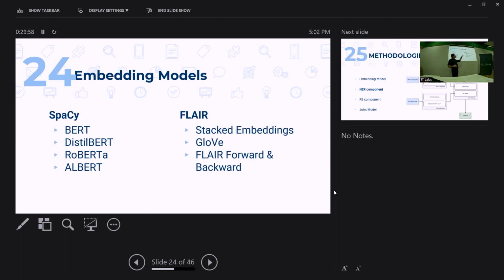The good thing is that you can stack the embeddings. So let's say you have one word, for example, teach, and you can combine the vector representations from non-contextual and contextual embeddings. You can enlarge the embeddings. This is a good side of the Flair library.